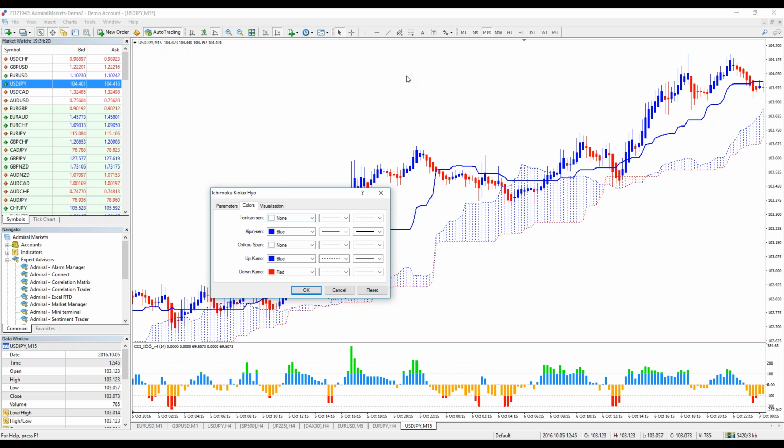I don't use Tenkan-sen, nor do I use Chikou span. I use Kijun-sen and the cloud. I also modified some of the cloud colors. So for up Kumo, you will see blue. For down Kumo, you will see red. And also this Kijun-sen line is bolded.